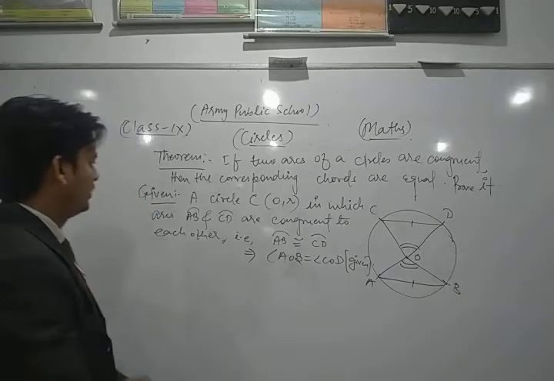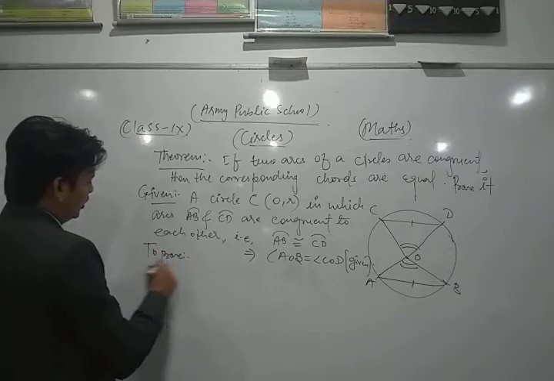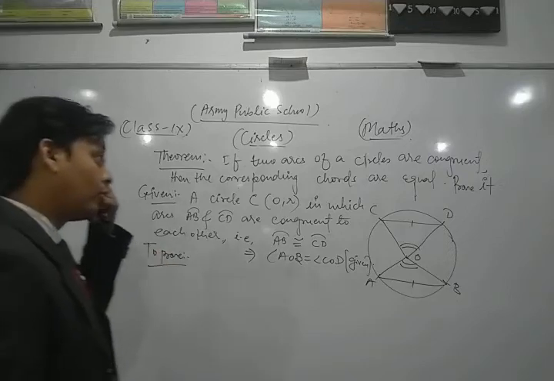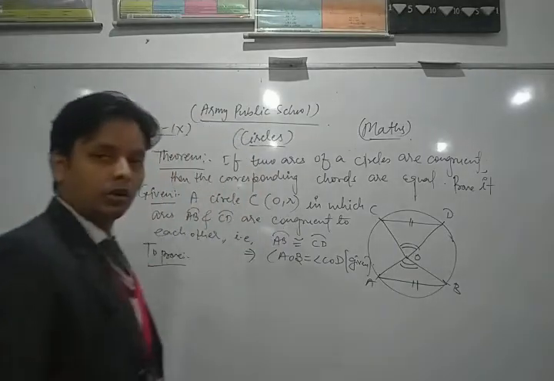Okay, now we write to prove. We have to show that their corresponding chords are equal, that is, AB is equal to CD. The chords are equal.